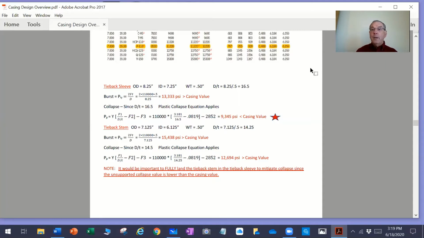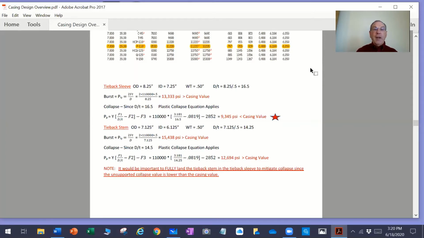It's made within 10,000ths of an inch. So we don't have to downrate it to 0.875. We can actually use the entire wall thickness. So using the API equation without the 0.875 in front of it, we get a value of 13,333 PSI, which is greater than the casing value rating for burst.